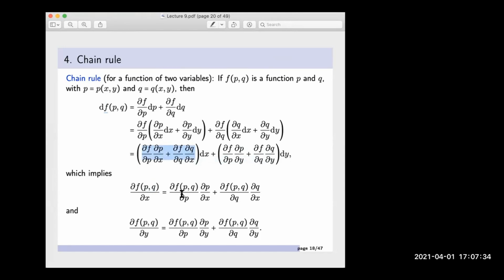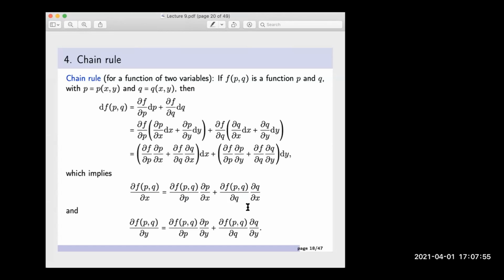You first take derivative in p, then times derivative of p in x, plus the second part, you take derivative in q times the derivative of q. This is the chain rule for function of two variables.